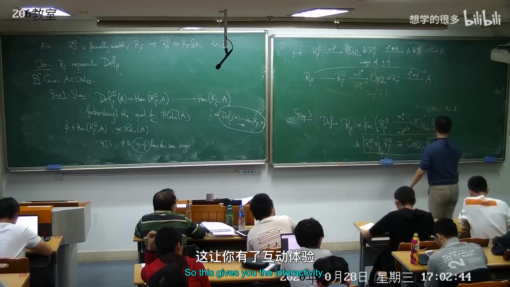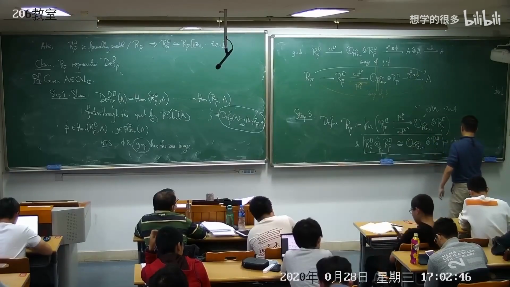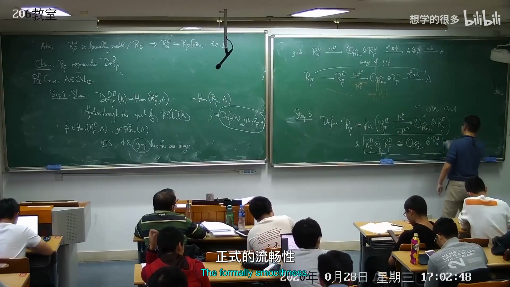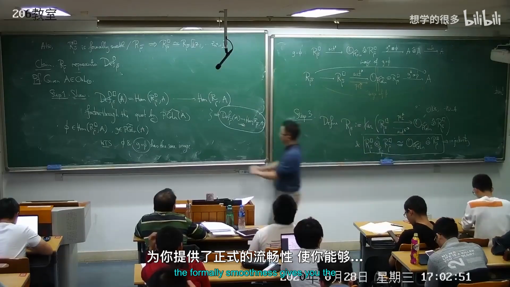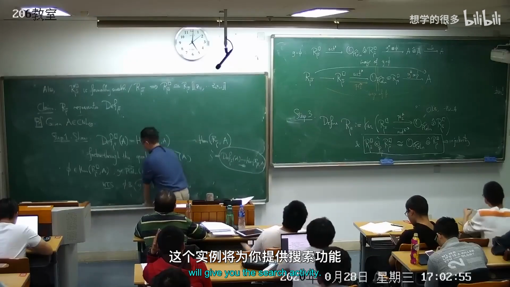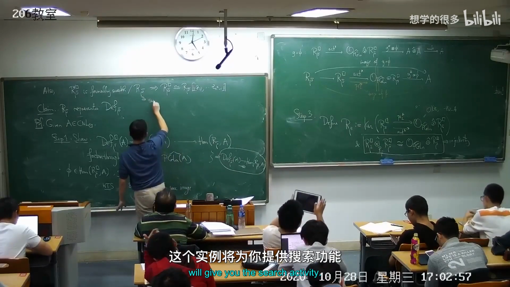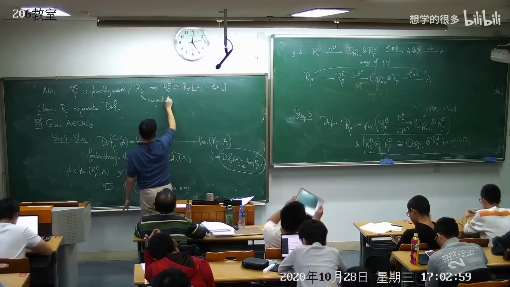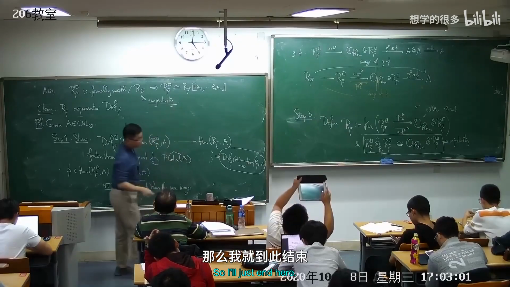So this gives you the injectivity. Formal smoothness will give you the surjectivity. So I will just end here.